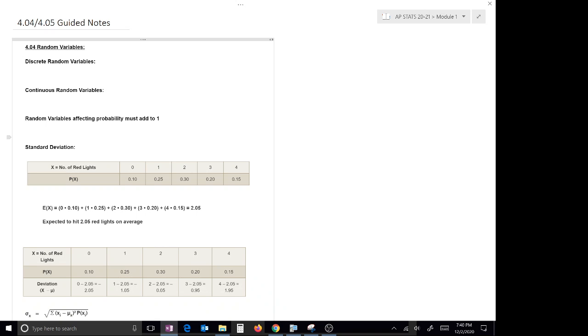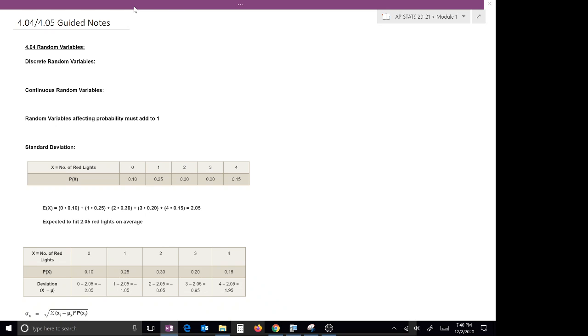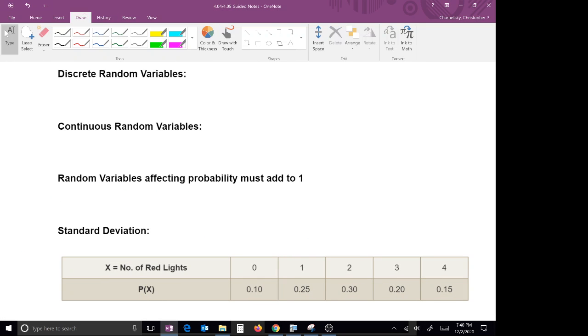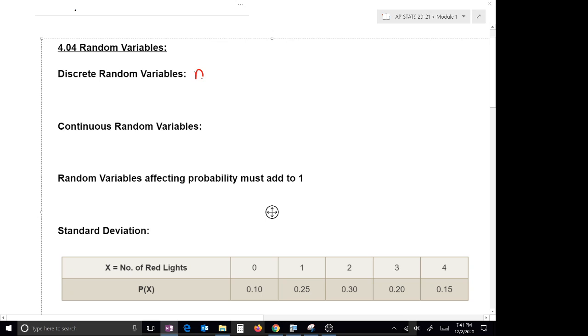There are two possibilities: discrete random variables and continuous random variables. The easiest way to separate those two is that discrete means distinct and countable.